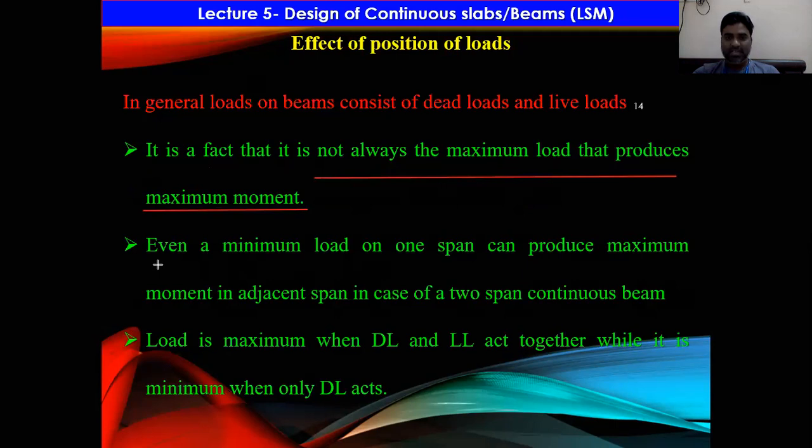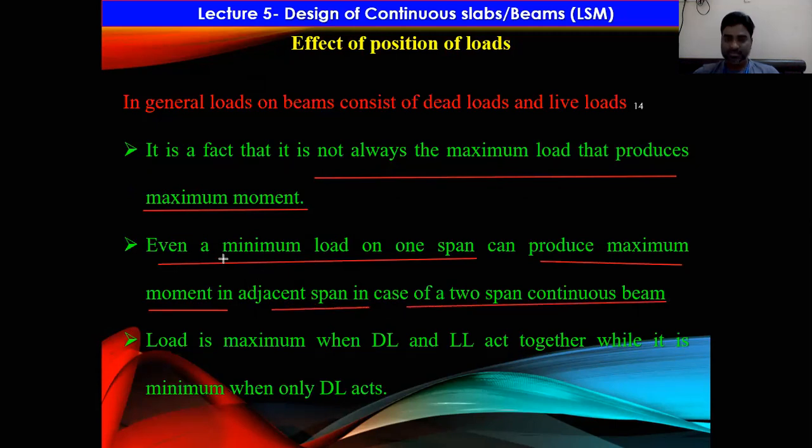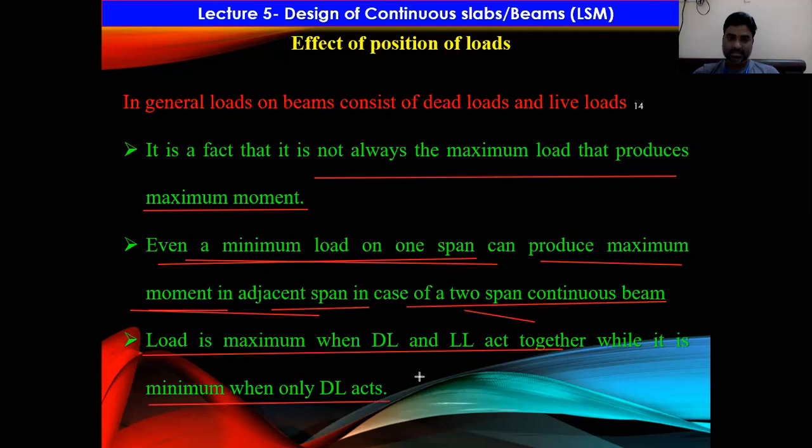No. Even a minimum load on one span can produce maximum bending moment in the adjacent span in the case of a two span continuous beam. Right? And one more thing is load is maximum when dead load and live load act together, while it is minimum when only dead load acts, right?